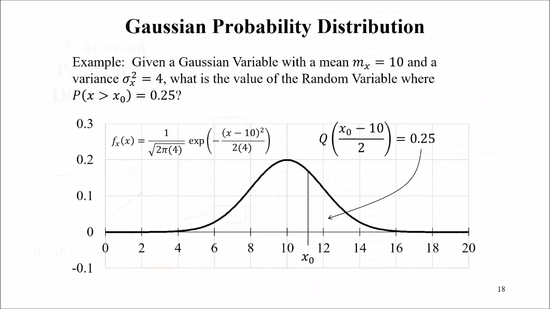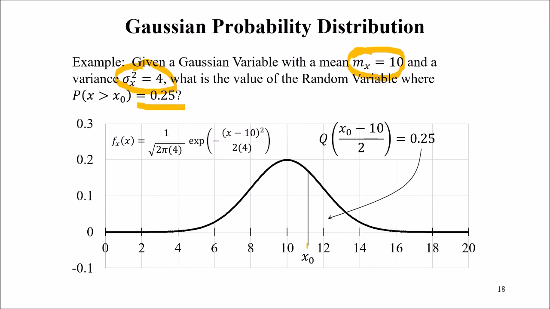In this example, I want to work the table the other direction. Given a Gaussian random variable with a mean of 10 and a variance of 4, so we're looking at the same one, what is the value of the random variable where the probability of x greater than x naught is equal to 0.25? Okay, so we're going to work the table the other direction now.